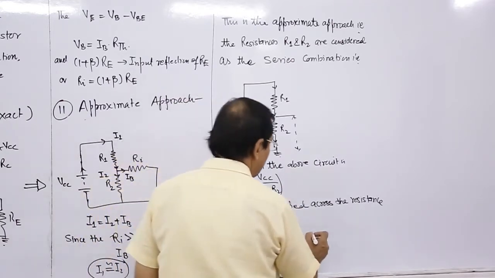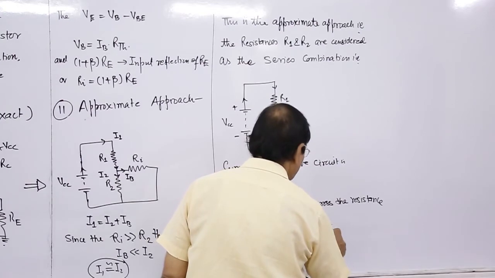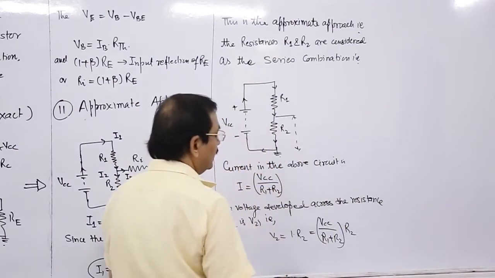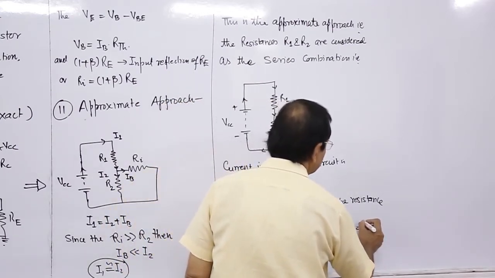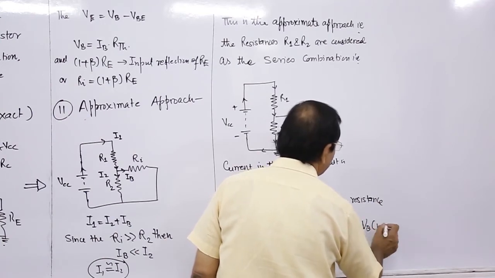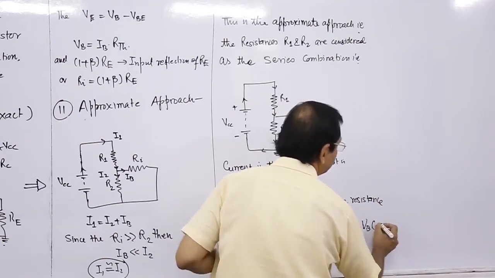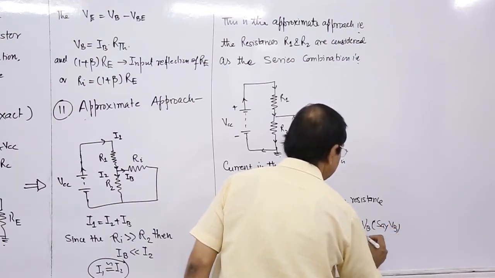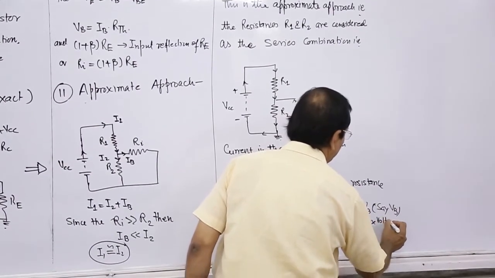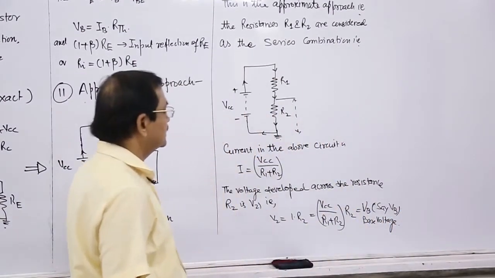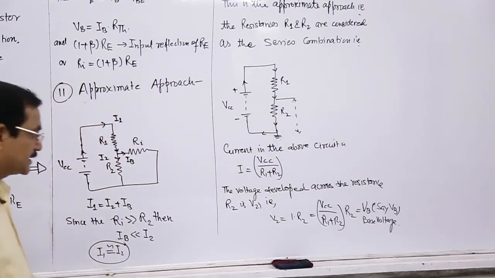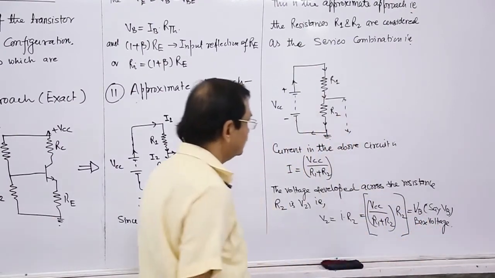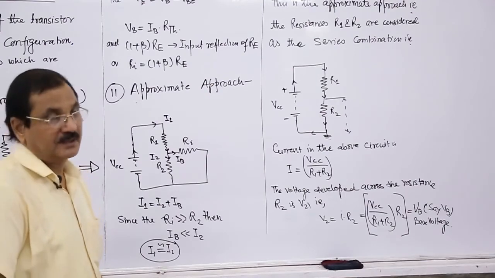What is I? I is equal to VCC upon R1 plus R2, into R2. And this is nothing but VB, the base voltage. This value is the base voltage.